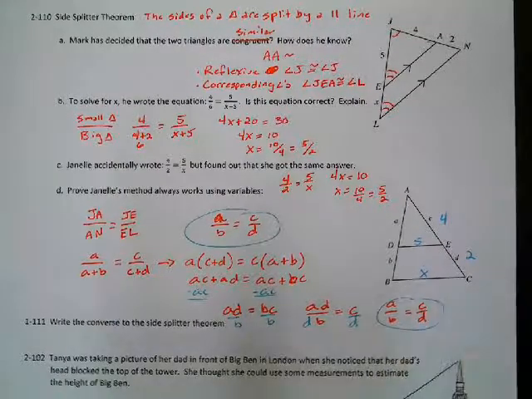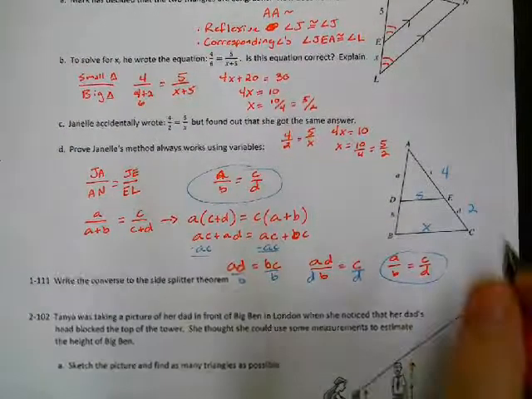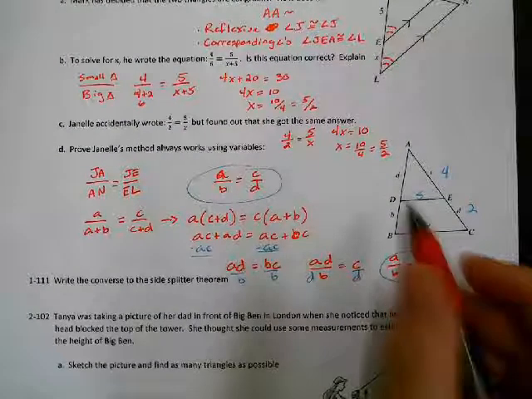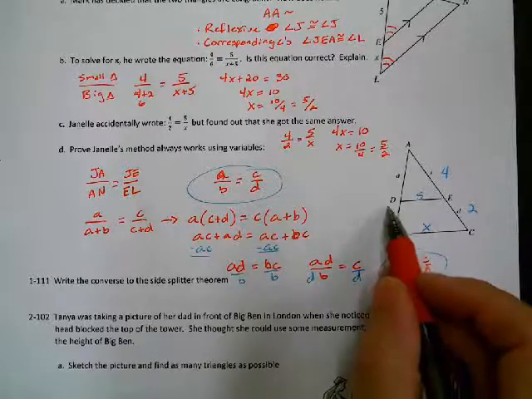All right, write the converse to the side splitter theorem. So the converse is, if the split sides are proportional, then these two lines are parallel.